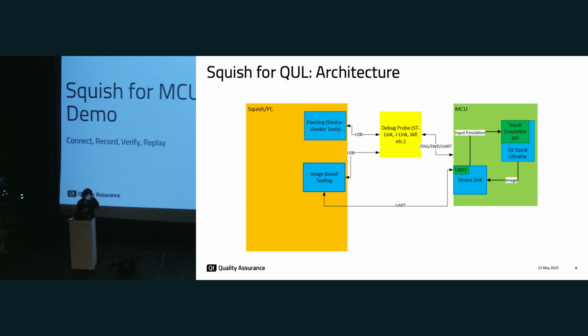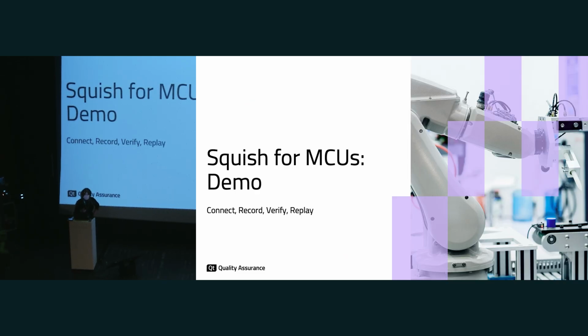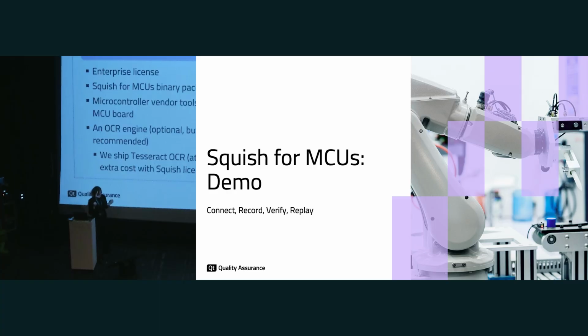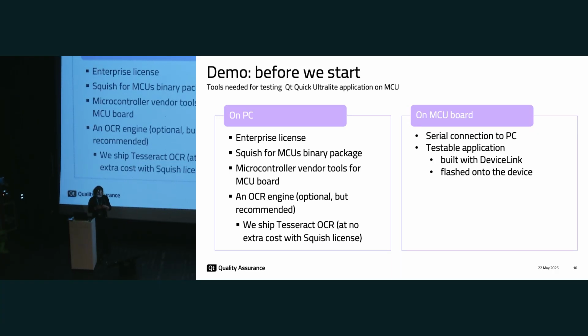All right. So before I try to show a demo, which can be a little bit challenging, let's do some pre-flight check and see what we need to even get started testing Qt Ultralite applications on MCU devices. It will be more or less what we saw on the previous slide.